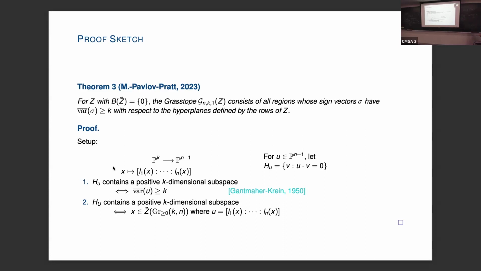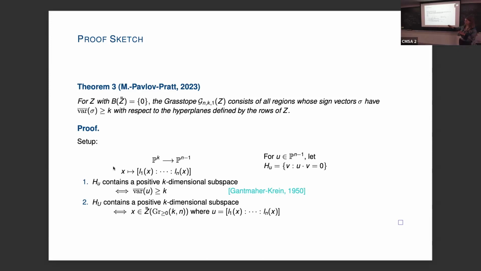And then the second part is that a hyperplane contains a positive k-dimensional subspace if and only if the point X that it came from is in the Grasstope.